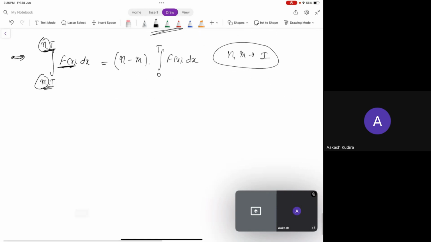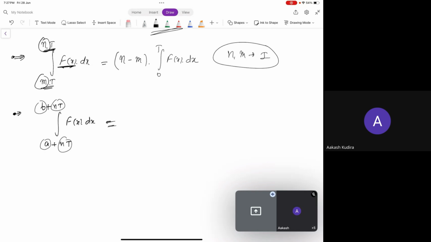Now the third property is the integral from a plus n t to b plus n t of f(x) dx. First of all, see, what is this? Actually the integrand is the same, the only difference is a and b. Here is a, here is b, and the integrand is the same.